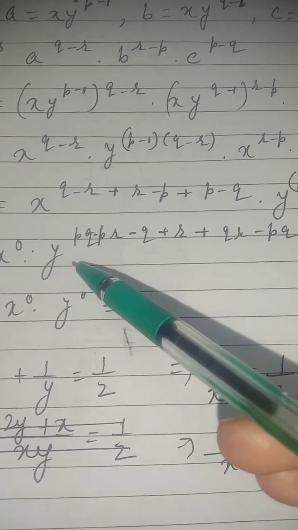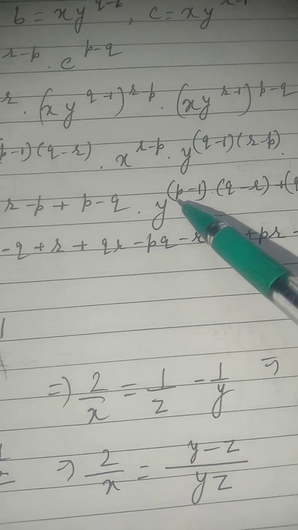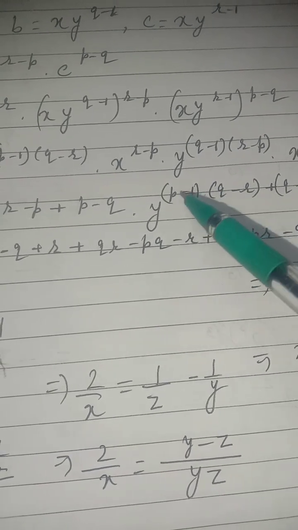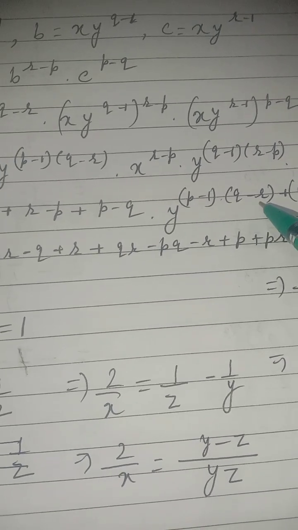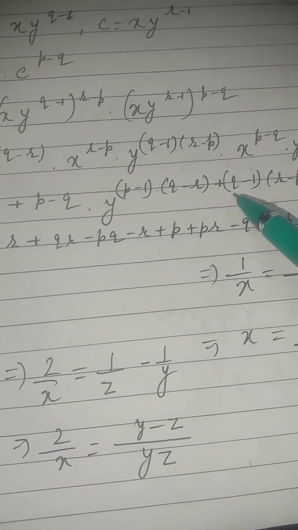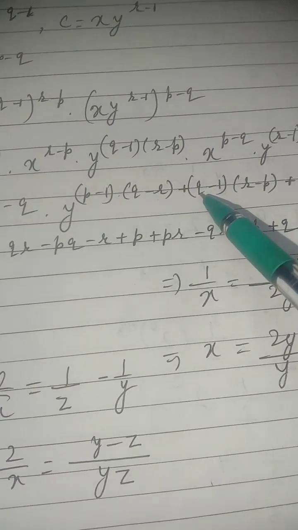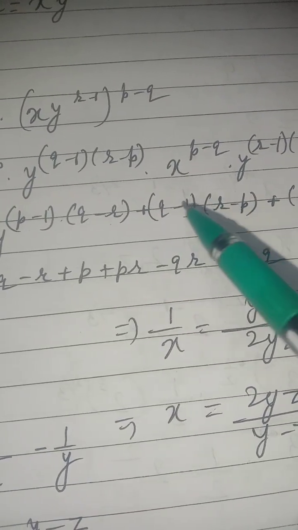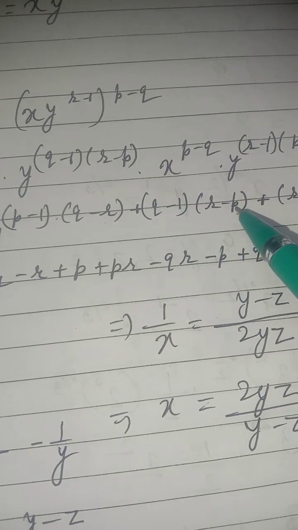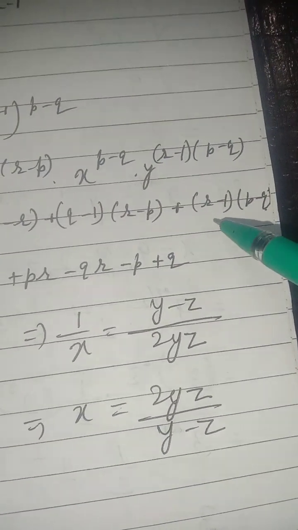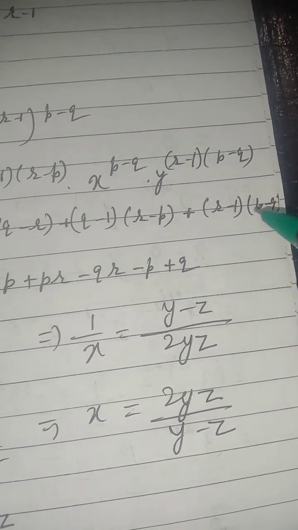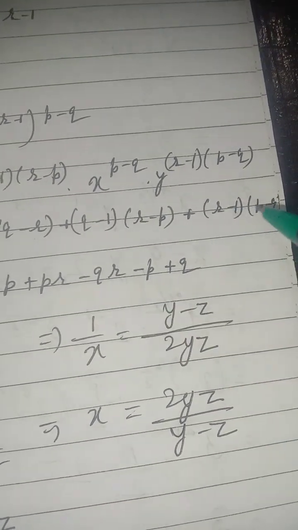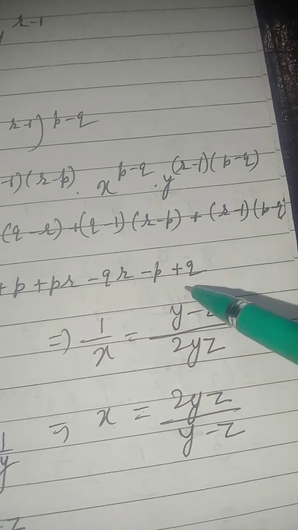And for y's power, you just have to multiply: pq - pr - q + r + qr - qp - r + p, and then (r-1)(p-q) gives pr - qr - p + q.